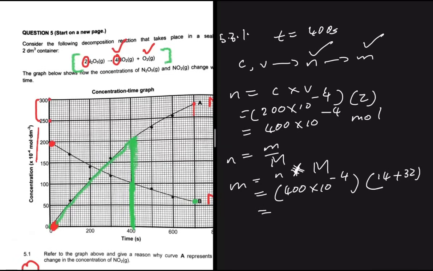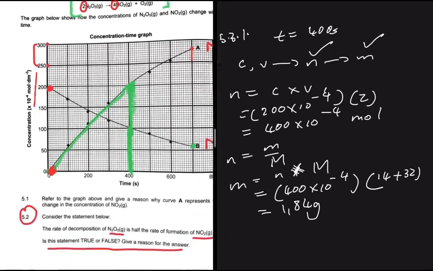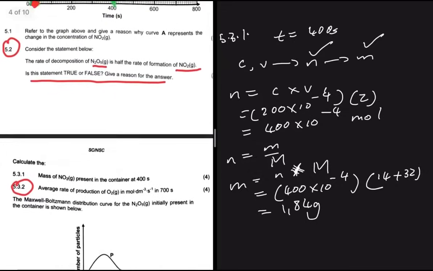So 14 plus 32 multiplied by 400 times 10 to the minus 4, I'm getting 1.84 grams. So that is the mass we have at T equals 400 seconds. It's 1.84 grams.